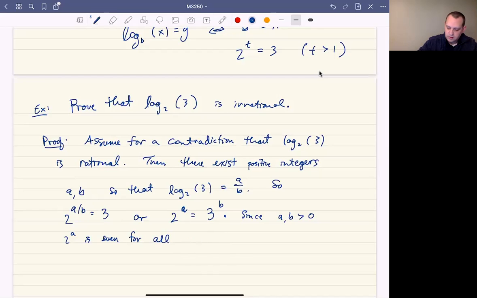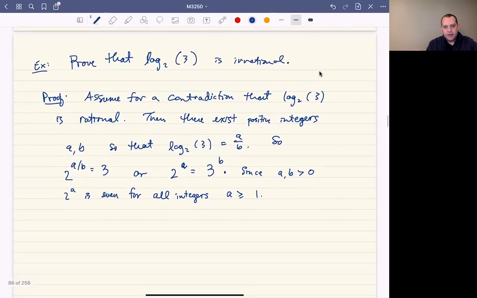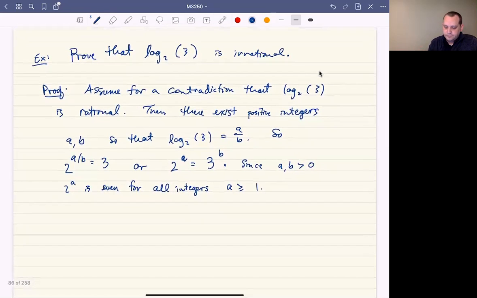But for all integers a greater than or equal to 1, right? It's not true if a is 0, for example, but it is true for all integers greater than or equal to 1. You could prove this by induction. You could prove this lots of ways, actually. So induction might be a little overkill here, but there's something to prove here, and so you should do that. I'm actually going to leave this part of the proof blank, as it were, so you can fill in.